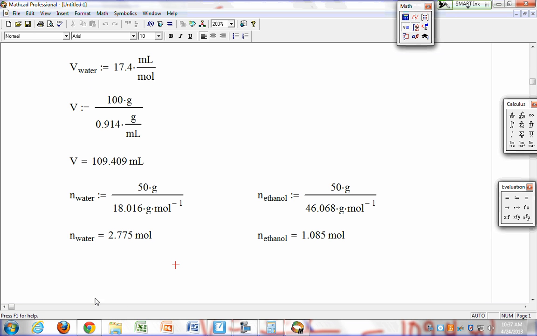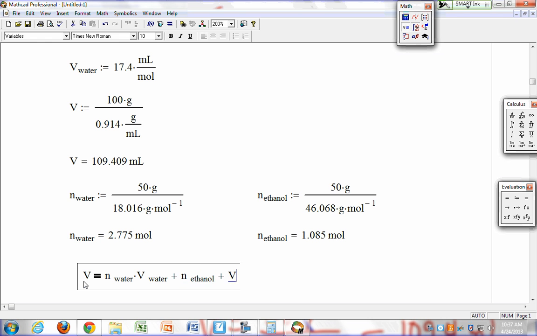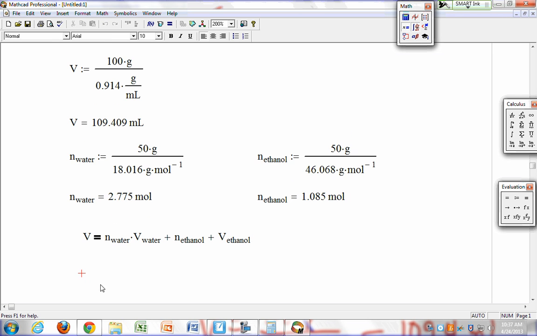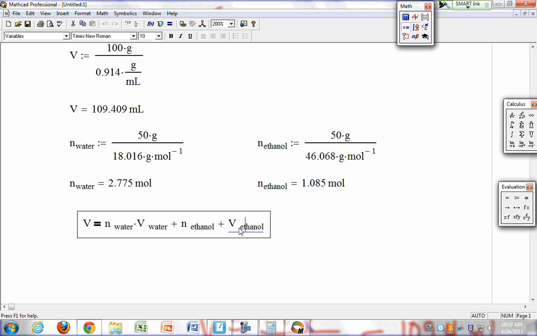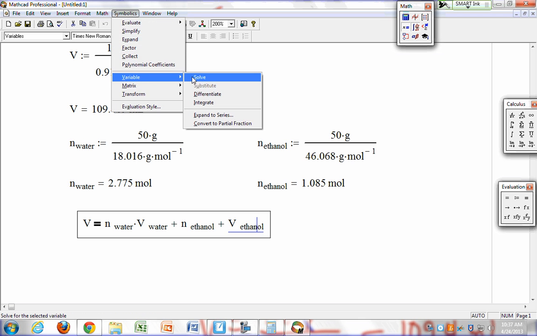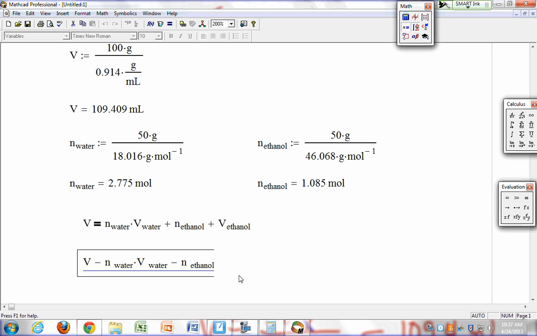And what was our equation? Volume equals N water times partial molar volume of water plus N ethanol times partial molar volume of ethanol. Okay, so I want to solve for partial molar volume of ethanol. So I go symbolic, variable, solve, and that's the expression.